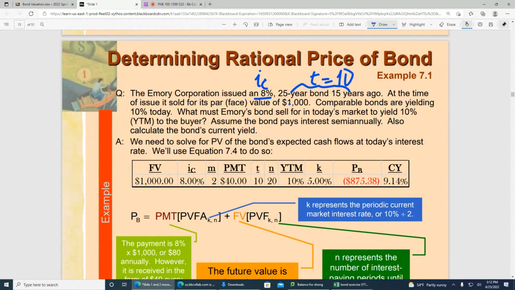And at the time of issue, it sold for its par value, the face value of 1,000. This is a clue as to what the discount rate was at the time, right? It says at the time of the issue, it sold for par value.